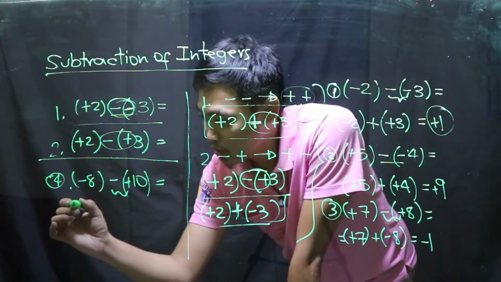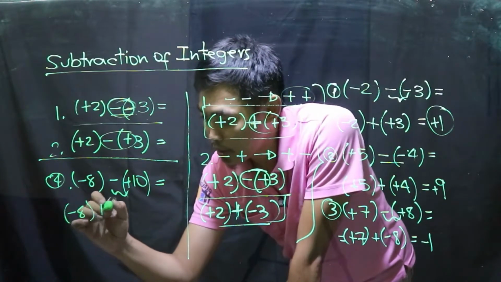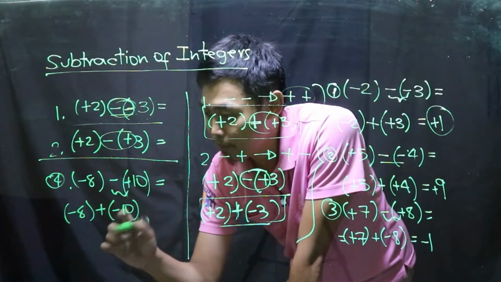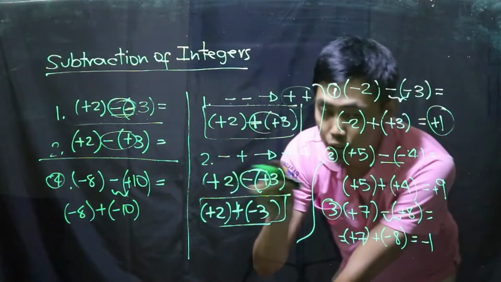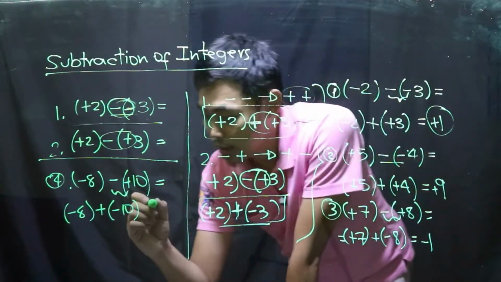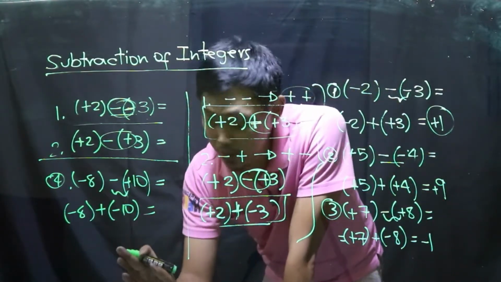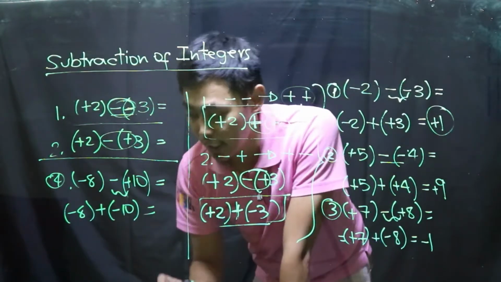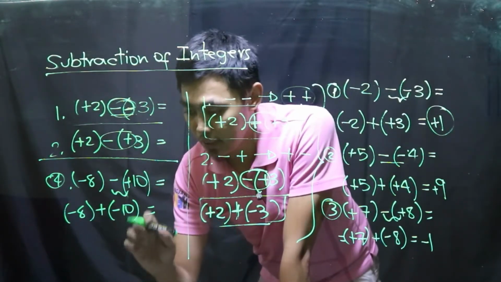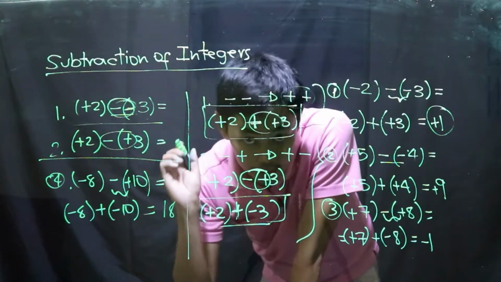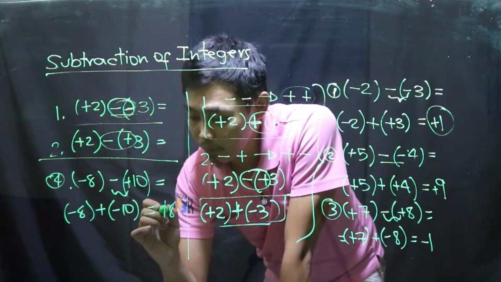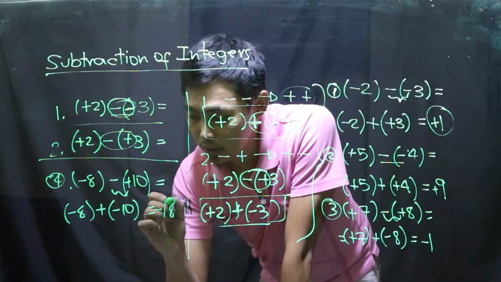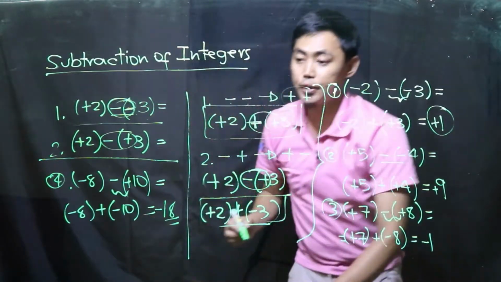So this would become negative 8 plus negative 10. Why? Because of this rule. Okay? Can we add? Yes, we can. So we have two negative numbers. So the same sign. We will need to add them. So this would become 18. And then use the sign. So that would be our answer.